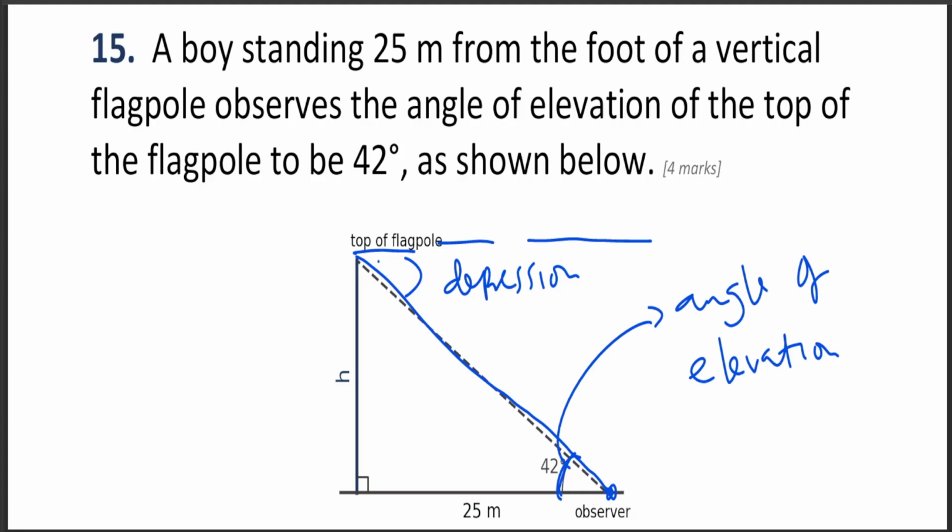So your angle of elevation is 42 degrees, and the boy is standing 25 meters from the foot of a vertical flagpole. That is this one. So this is the flagpole, and this is where the boy is standing from. So he's standing 25 from the foot of a vertical flagpole. Now the main question comes here. What are we searching for?